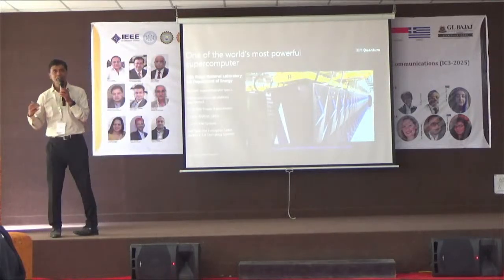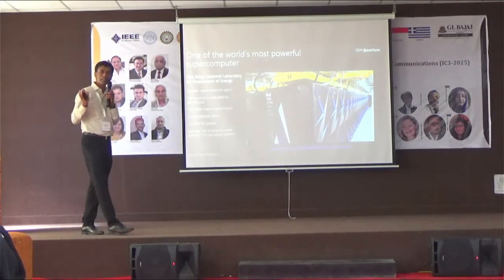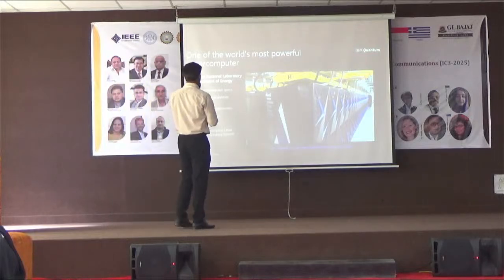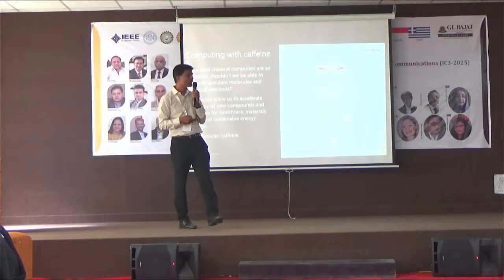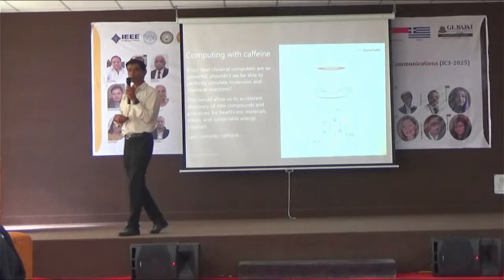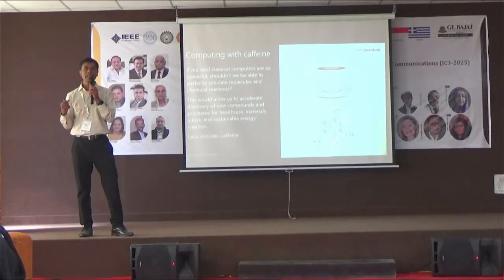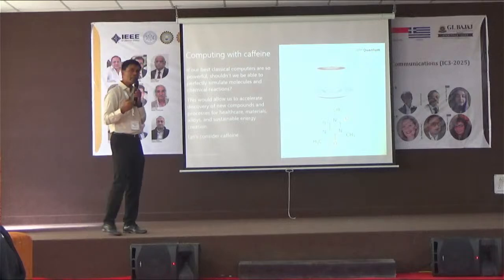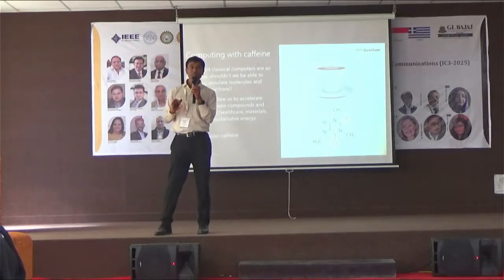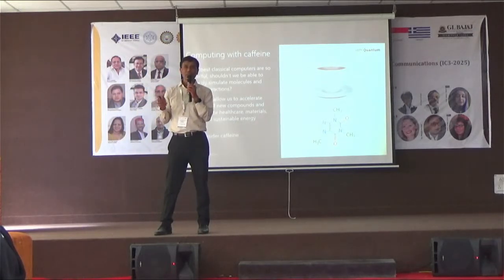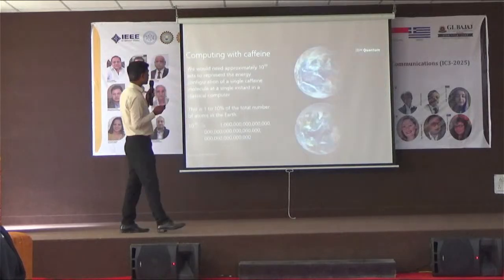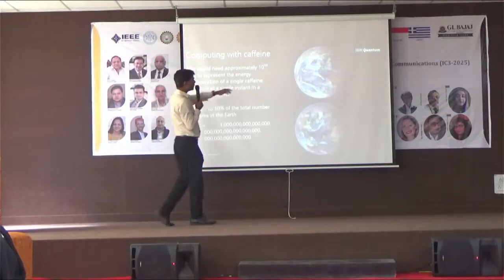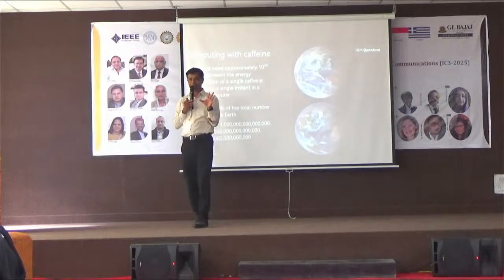Moore's law has been active for the past several decades. But in spite of Moore's law, there are problems which supercomputers cannot solve. A simple problem. We were talking a lot about biology right now, right? So take the example of caffeine. Caffeine is a small molecule. If you wanted to model caffeine on a computer, with today's best supercomputer, it's not possible. Why? Because modeling caffeine takes 10 to the power 48 bits.